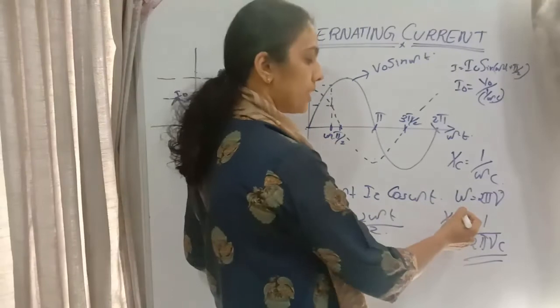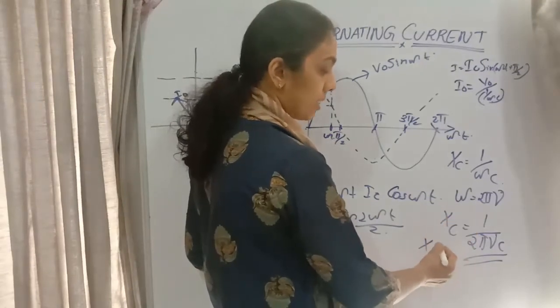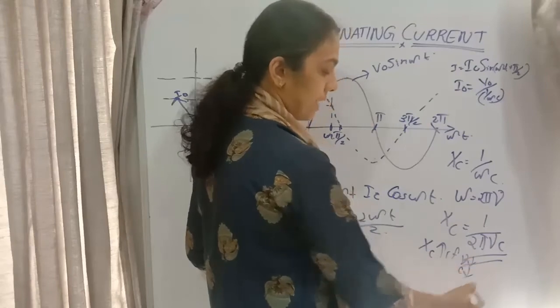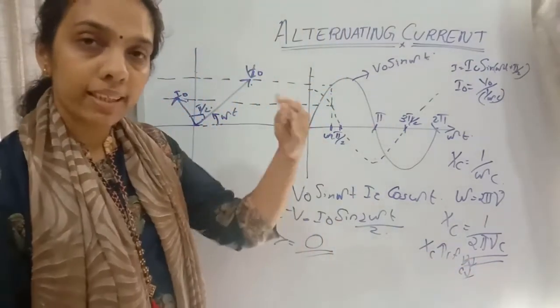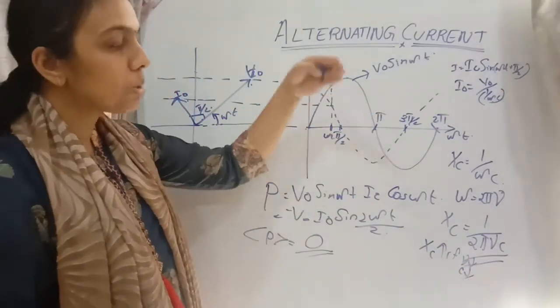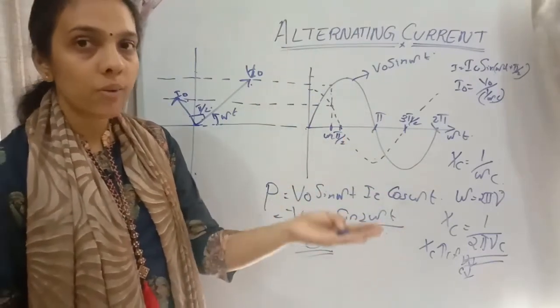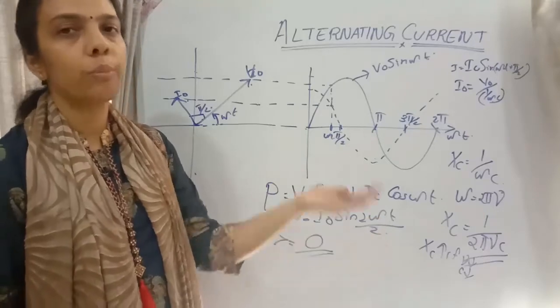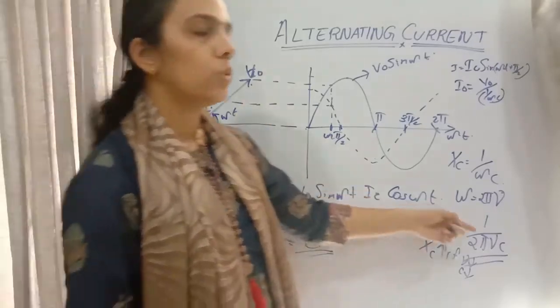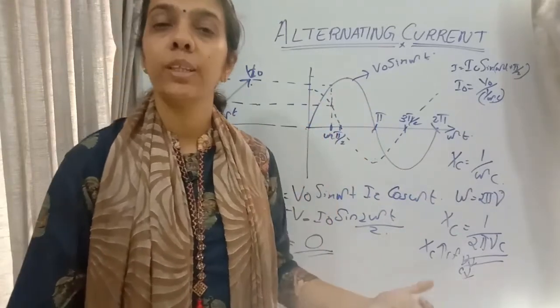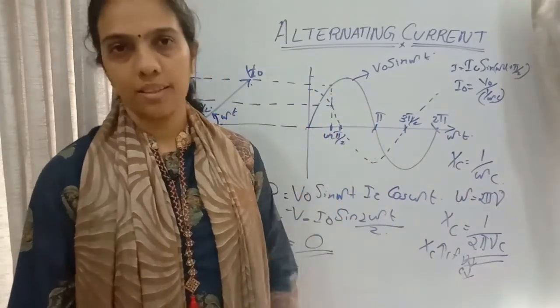Xc is more if nu is less or C is less, and Xc will be less if nu is more and C is more. So the resistance in the capacitive circuit will be less with more frequency and more capacitance.